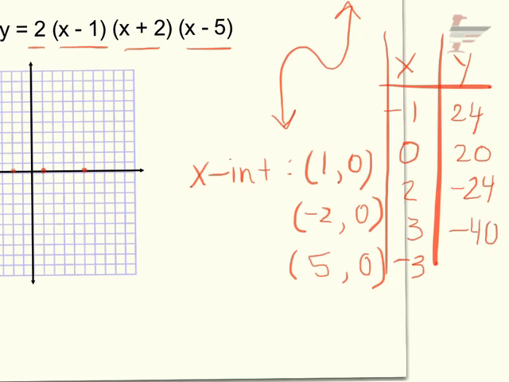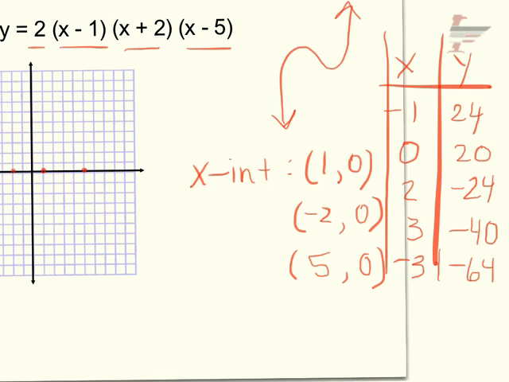Yeah, that sounds better. And lastly, I'll test negative 3. It's going to be a really big negative number. So 2 times negative 4 is negative 8. Negative 8 times negative 1 is positive 8. Positive 8 times negative 8 is negative 64. So yeah, a big negative number.